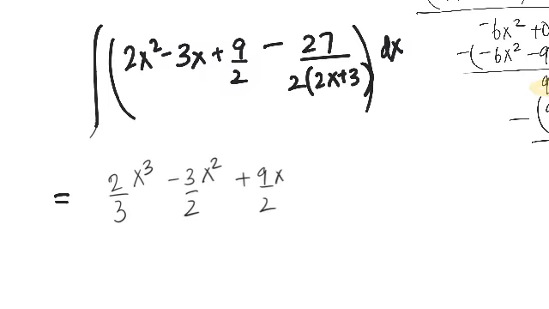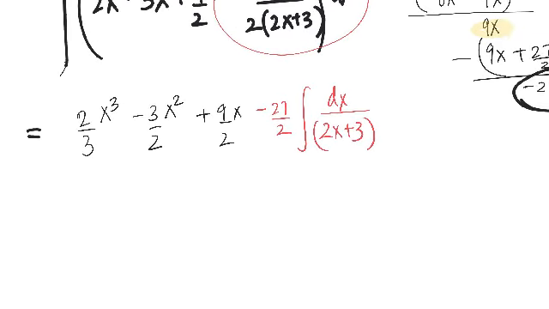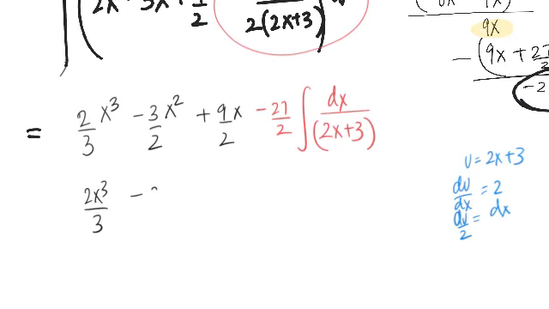And now this becomes a u substitution. So I'll go negative 27 over 2, the integral of dx over 2x plus 3. My u will be equal to 2x plus 3. Du dx is 2, so dx is du divided by 2. And I can finish this off like this.